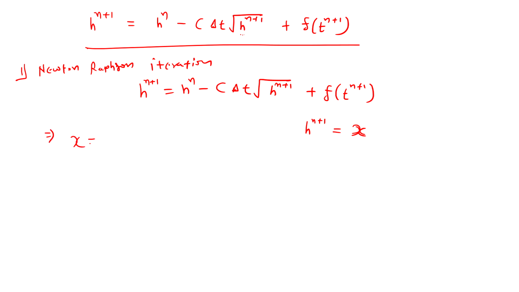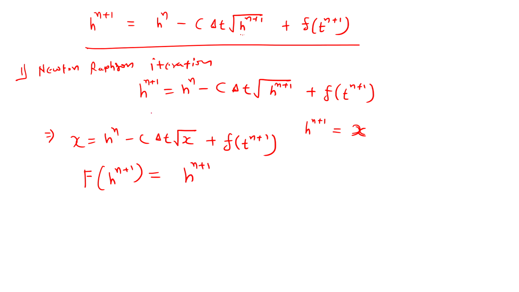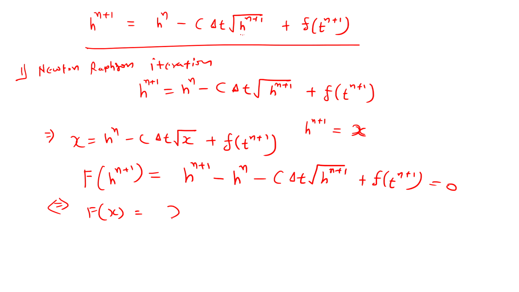So this implies that I have f of h^(n+1) equal to h^(n+1) minus h^n plus c delta t root of h^(n+1) minus delta t f of t^(n+1), and I want to find the solution of this, or this is equivalent to f of x equal to x minus h^n plus c delta t root x minus delta t f of t^(n+1).